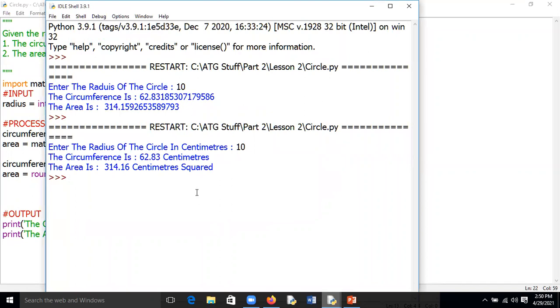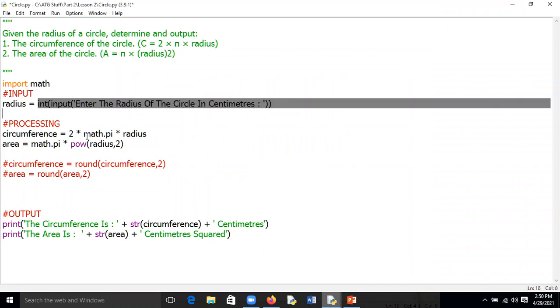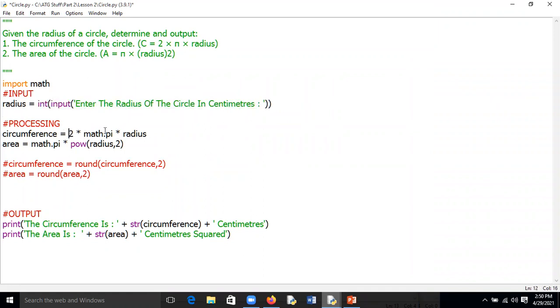Now, just to show you how we actually combine things, not to confuse you, right? I'm just going to leave this as comments so you can see how that was actually rounded off. But I want you to look at this. If we can combine int and input, we can combine this statement with a round.